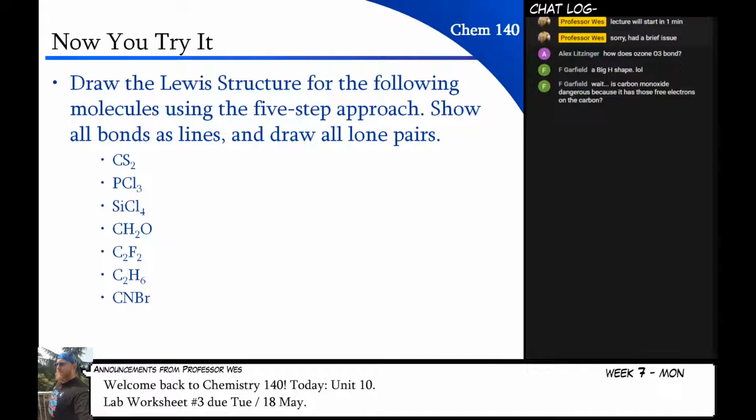All right, so let me first clean up this sheet here. There we go. Boop. Oh, that's not what I wanted. Hold on. There. All right.